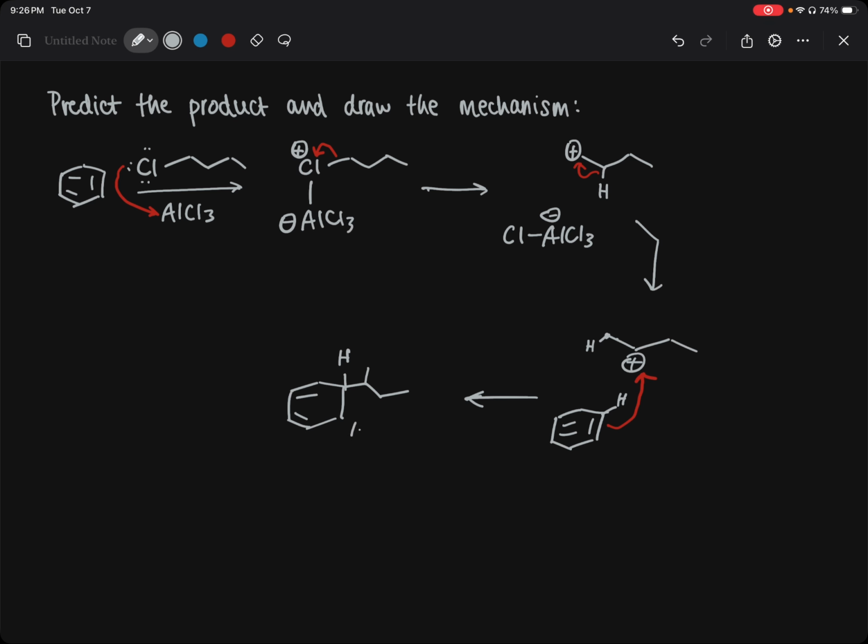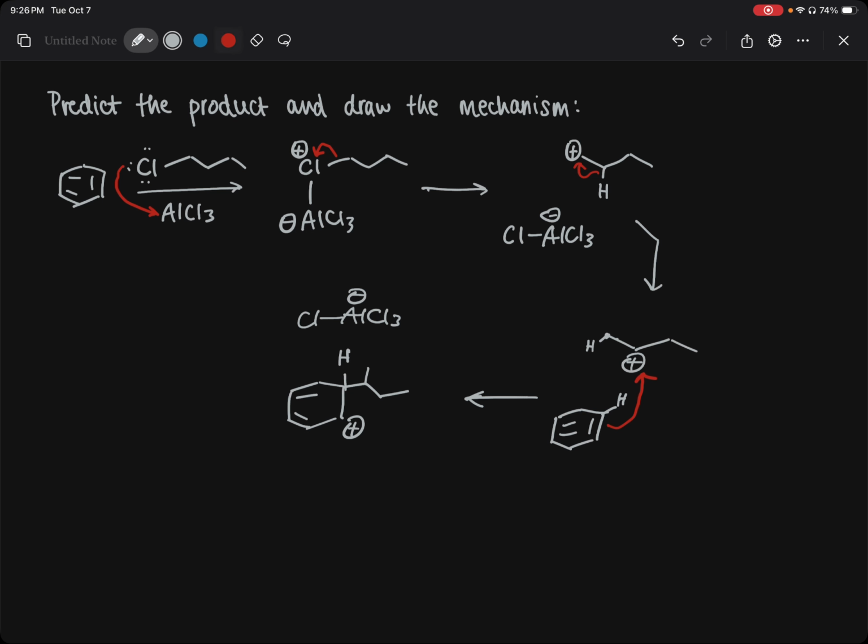And of course, we've got to remember our positive charge there on that carbon. Okay, so now our aluminum chloride is going to come back into play. There it is.